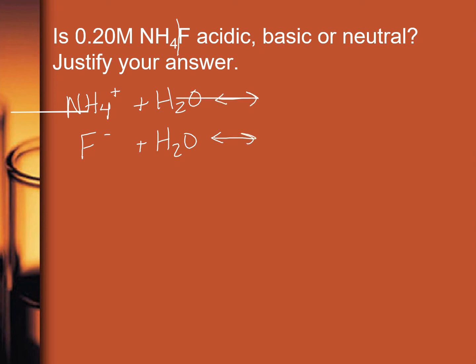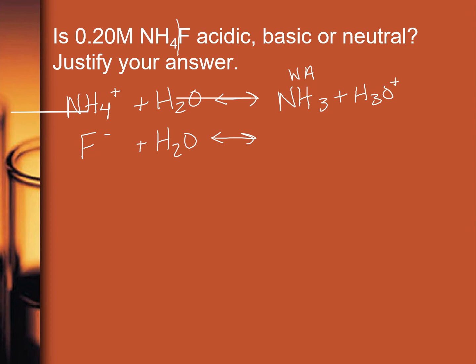So ammonium, remember, if that's acidic, it's giving up a hydrogen. So that will produce ammonia and hydronium. Now, ammonia is a weak base, so that doesn't cancel out. We're okay there.